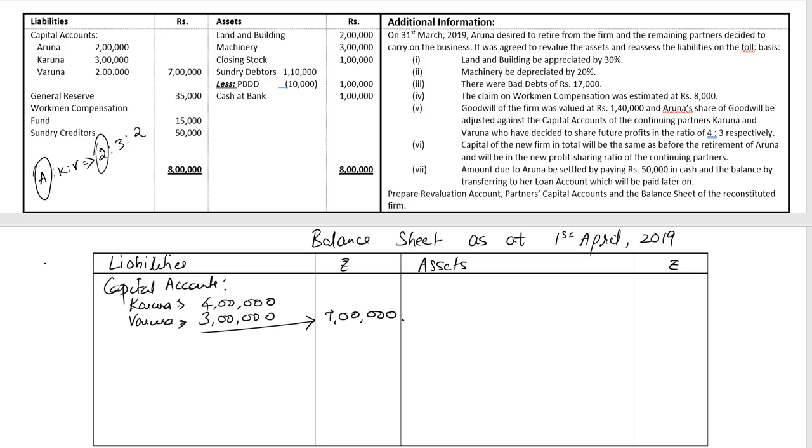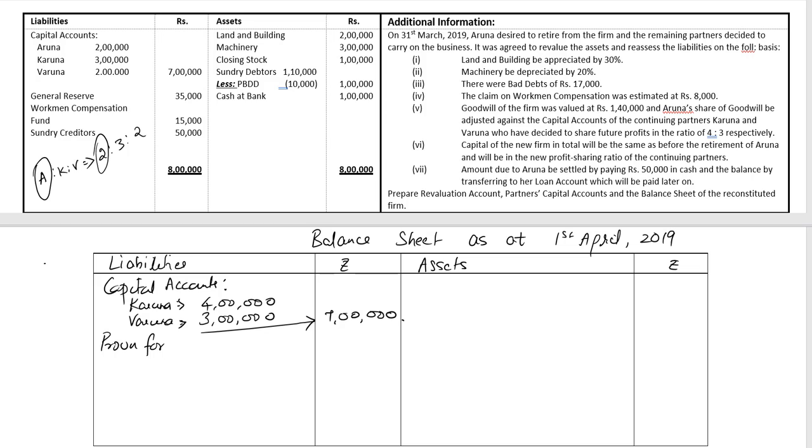The general reserve has been distributed. The workman compensation fund, we have a claim as per the fourth point. The claim on workman compensation was estimated at rupees 8,000. So we'll create a provision for the claim.